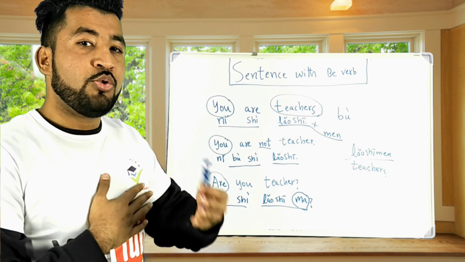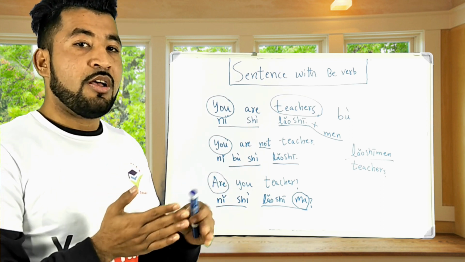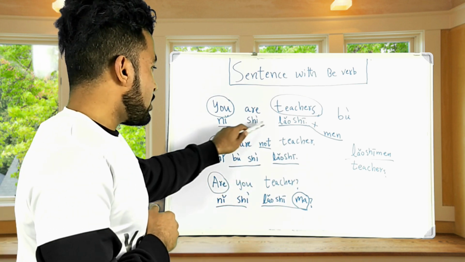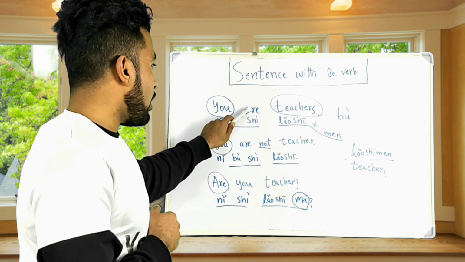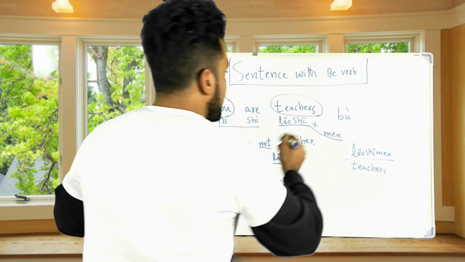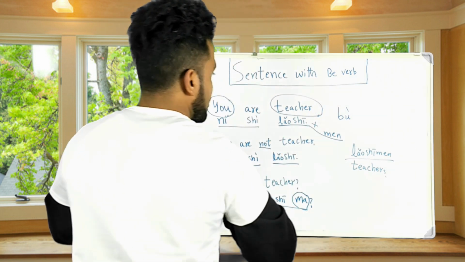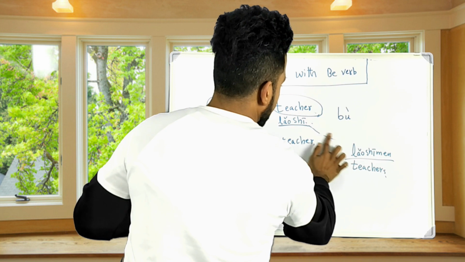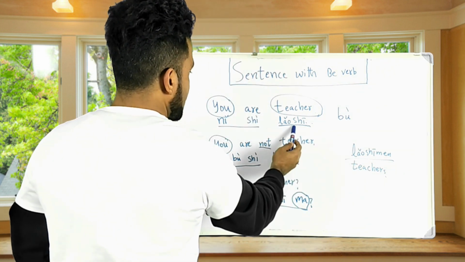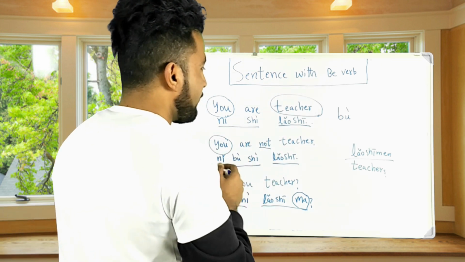I am teacher, you are teacher, he is teacher, she is teacher, my father is teacher, my friend is teacher, my classmate is teacher. Okay, so simple as that. 你是老师, you are teacher.